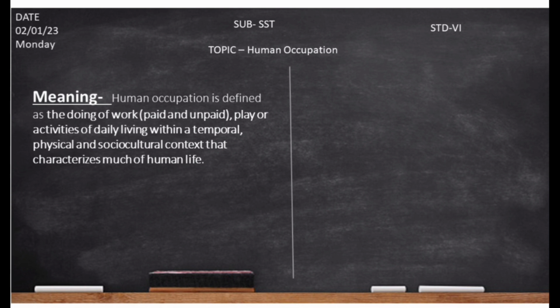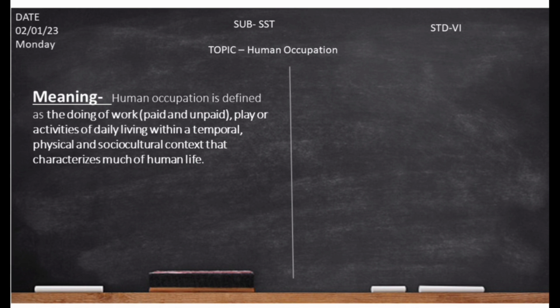Yes. Human occupation is defined as the doing of work, play, or activity of daily living within a temporary physical and social cultural context that characterized much of human life. Every human being has some basic necessities to be fulfilled.